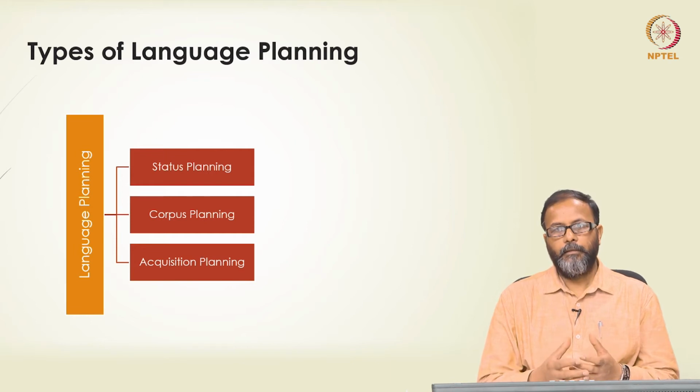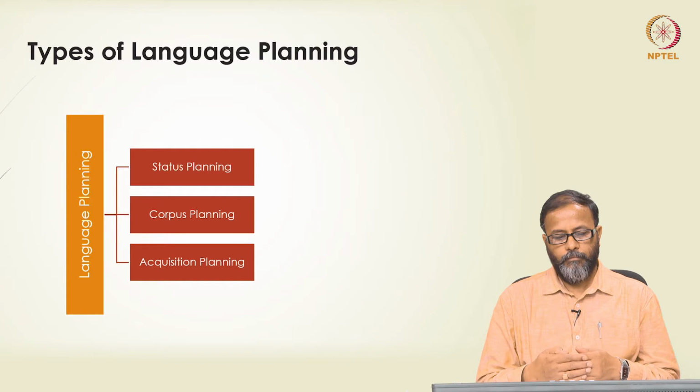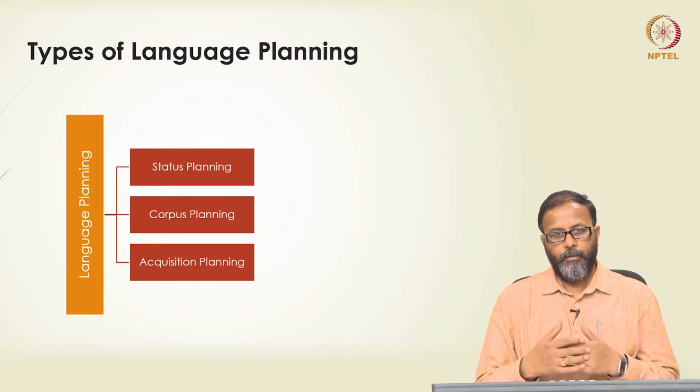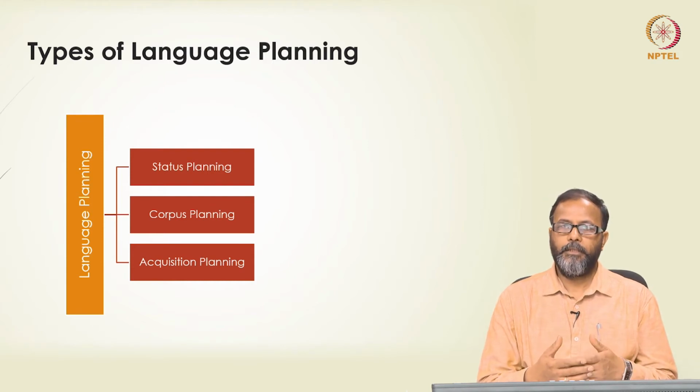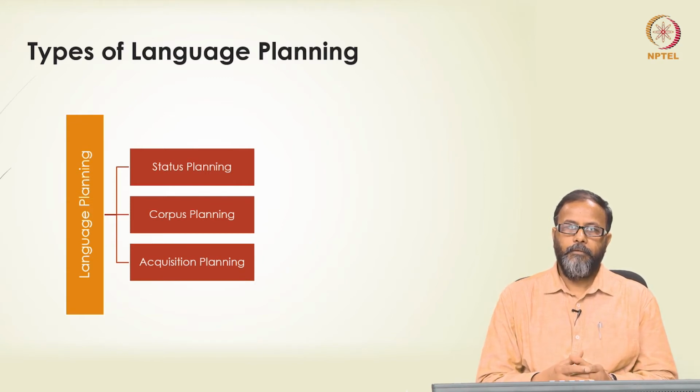And they are in an order. For example, corpus planning assumes status planning, and acquisition planning assumes both the stages, corpus planning and status planning. So, we can have three broad categories in planning.